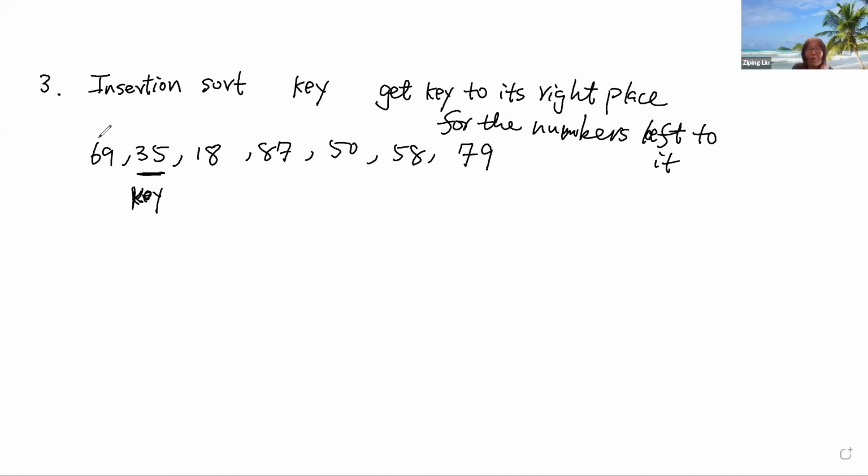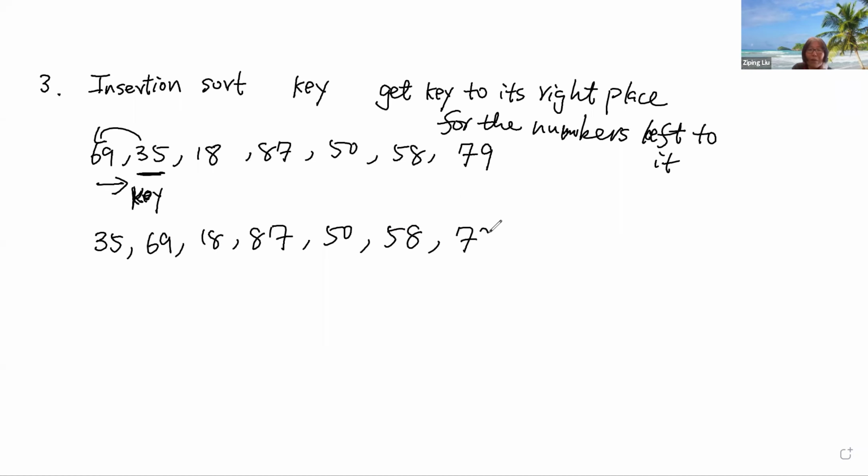You need to place 35 at 69's location and then shift 69 one spot. Then you place 35 in its right location. After we do that, we have 35, 69, 18, 87, 50, 58, 79.